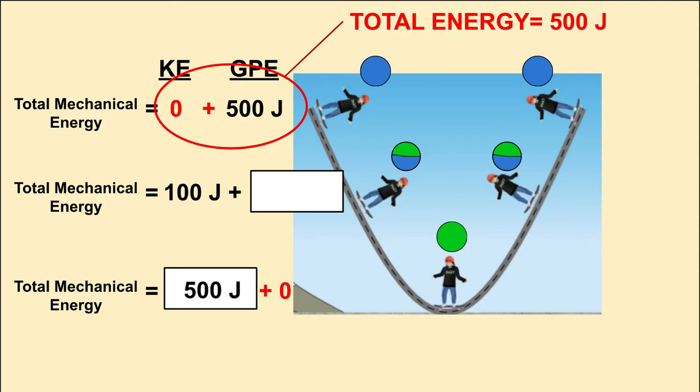So the total is staying the same. And again, anywhere in between, you're going to have some kinetic and some gravitational potential energy. But the total is going to have to be 500 joules. And so 500 minus 100 would give us 400 joules of potential energy at this point.